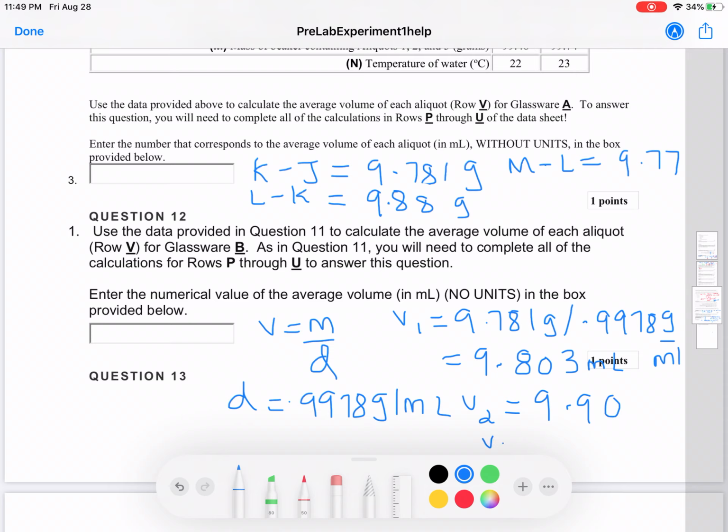That's V2, and V3 is going to be 9.77 divided by 0.9978, which is 9.79. Those are the 3 volumes, in milliliters.